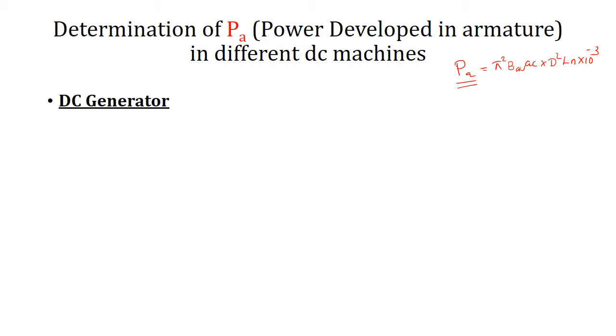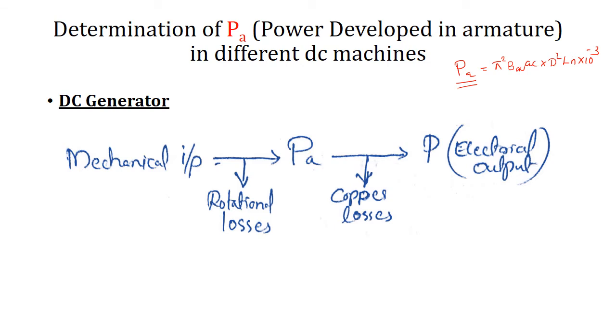In the case of a DC generator, the mechanical input power is given to the shaft of the generator, and it will develop armature power, that is PA, and after some losses the output electrical power will be delivered to the load, that is capital P. As we can see, when the mechanical input is given to the shaft of the generator, there will be some rotational losses such as friction and windage losses, that is mechanical losses, plus there will be iron loss also.